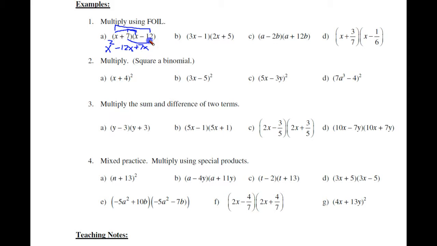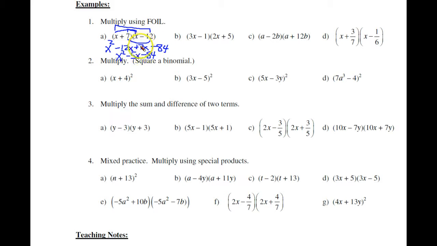And then last, a negative 84. Now notice, as a result of this, we ended up with two terms in the middle that are like terms. So we have to simplify that by getting x squared, a negative 5x, and a negative 84.